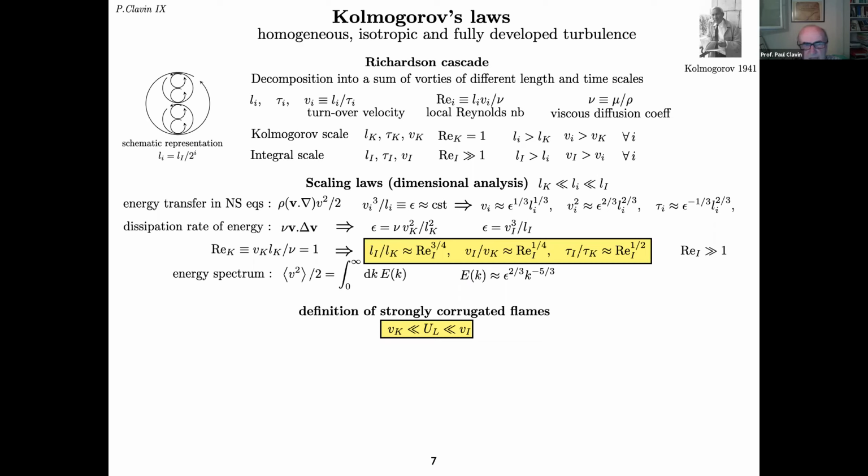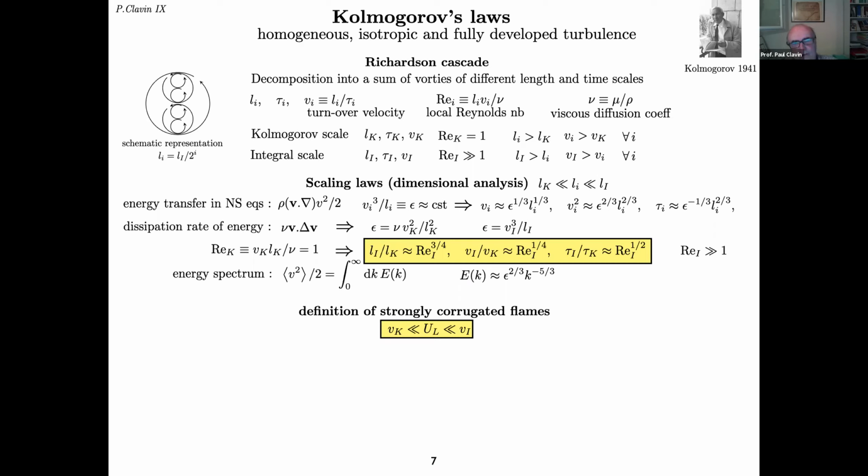You can verify the spectrum of energy in the turbulence for 2 decades, at least. That's not so bad. But this is not a theory. This is called the 41 Kolmogorov law, because there is also a Kolmogorov law later, but this one is the first, which is the most famous Kolmogorov law.